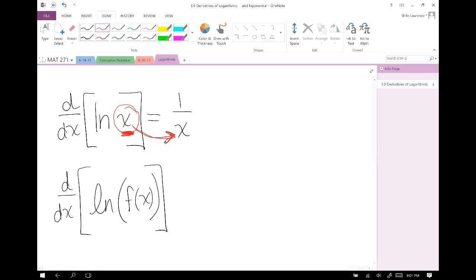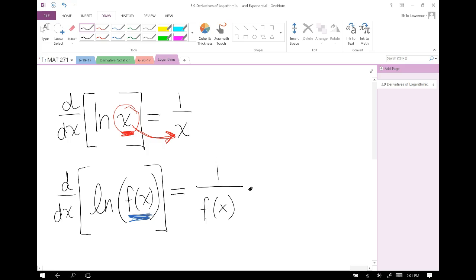So to start this problem down here, whatever is inside of the log, we need to put into the denominator of a fraction. That's how the derivative of a log starts. But because this is technically a composite function, we have to do the chain rule. So we also have to multiply by the derivative of what's inside.